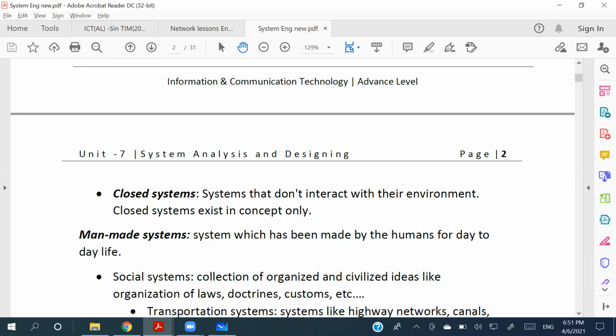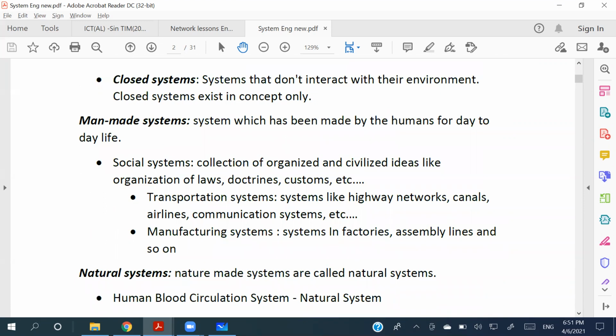And the systems can be categorized into man-made systems and natural systems. Man-made means systems built by humans, right? Like the laws, transportation systems, manufacturing systems, right? Those are man-made systems. And there are natural systems as well. When it comes to the natural, there are many things like the human body, the nature, right? So like you have heard of some cycles around there, right? All these things can be categorized into a natural system, right?